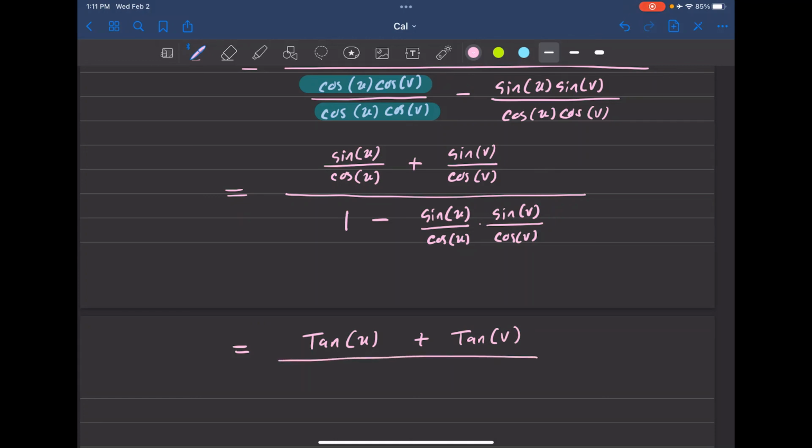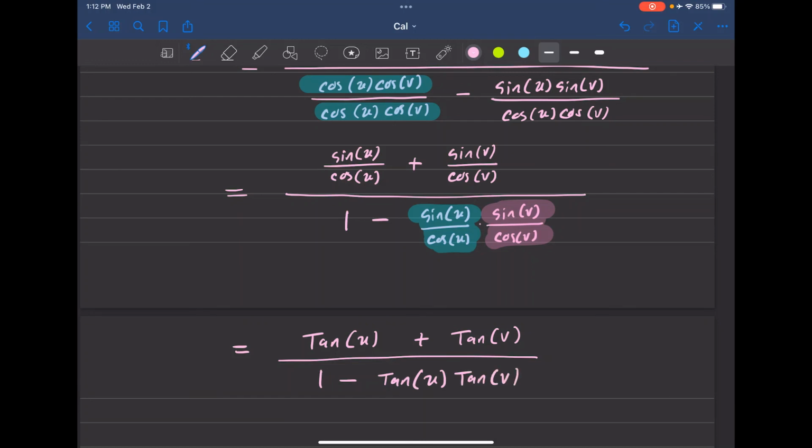All over 1 minus, again, tangent of u times tangent of v.